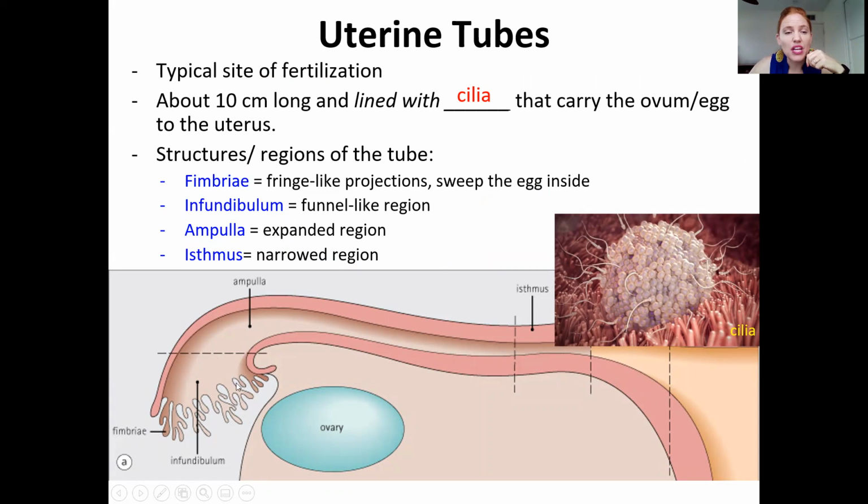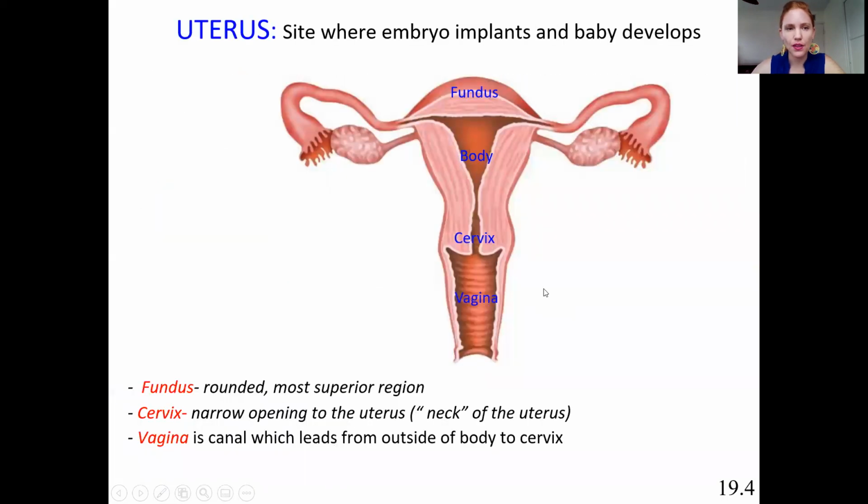The infundibulum, the very initial part where it's funnel shaped. The ampulla is the fat part, and the narrowing region before it connects to the uterus is called the isthmus.